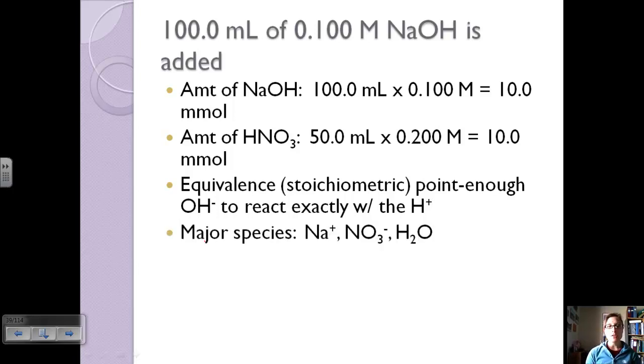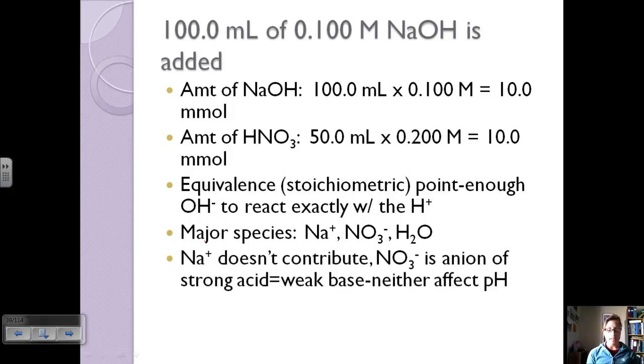So if we look at our major species, because the OH is all reacting with all the H+, we don't have any H+ left like we did in the previous ones. And so now our major species are the Na+, the NO3-, and then a whole lot of water. Well, Na+ doesn't contribute. It doesn't have any acid or base properties. NO3- is the anion of our strong acid, making it a weak base.